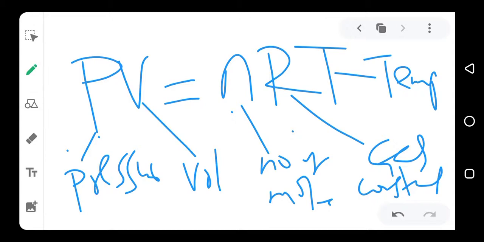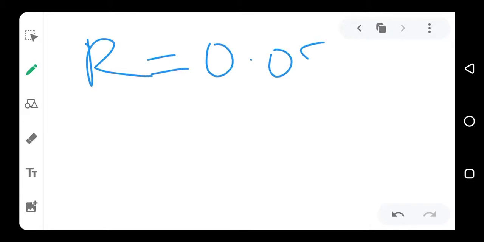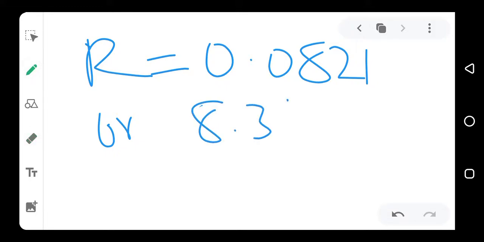Now in this ideal gas law, R is a constant that has the value of 0.0821 or 8.31.